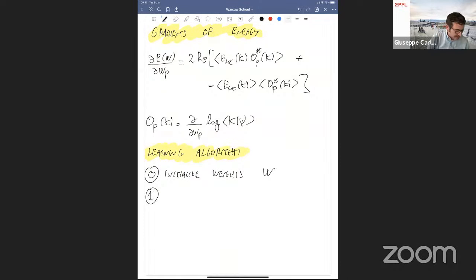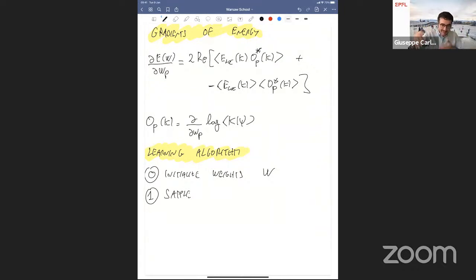Then you sample at each step of this learning. Learning is by itself an iterative optimization procedure that lasts a lot of epochs, or several steps, in normal language.